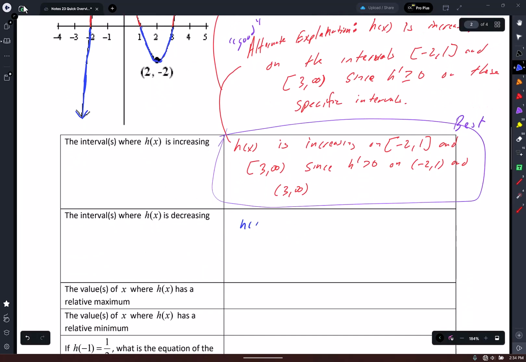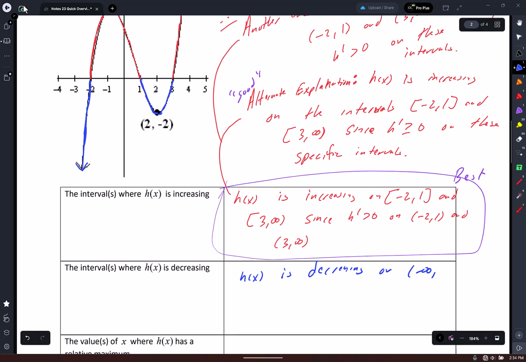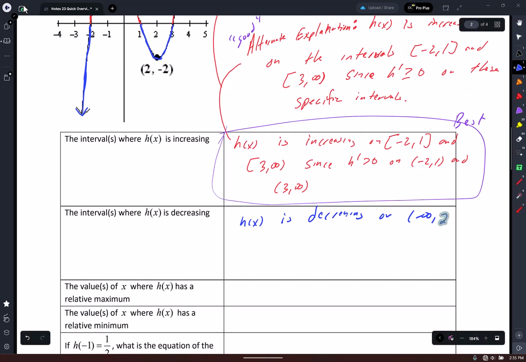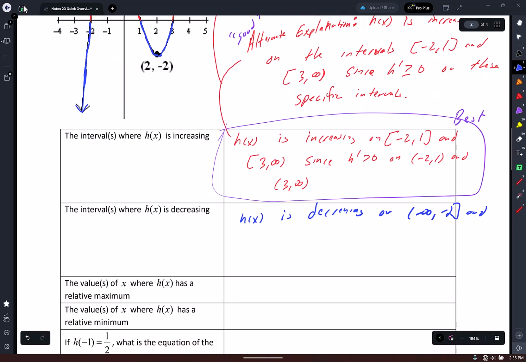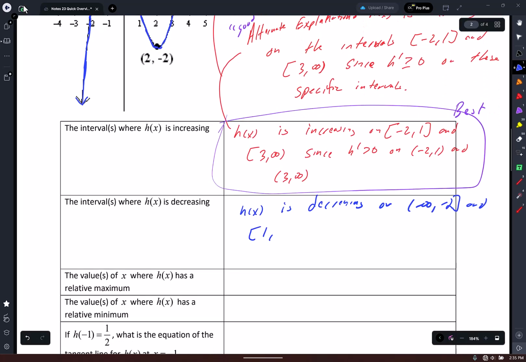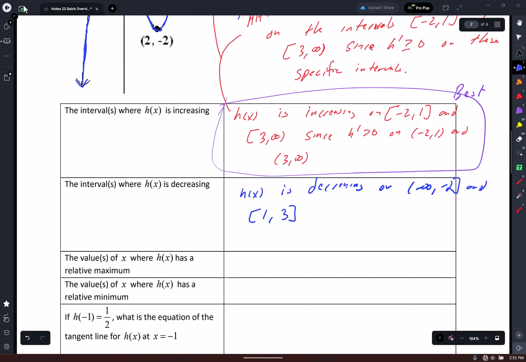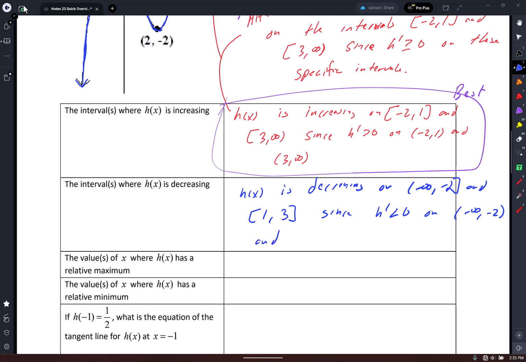Yep. h of x is decreasing on negative infinity all the way to negative 2, and 1 all the way to 3, since h prime is negative on negative infinity to negative 2 with a parenthesis, sorry, and parenthesis 1 to 3 here. That's full credit right there.